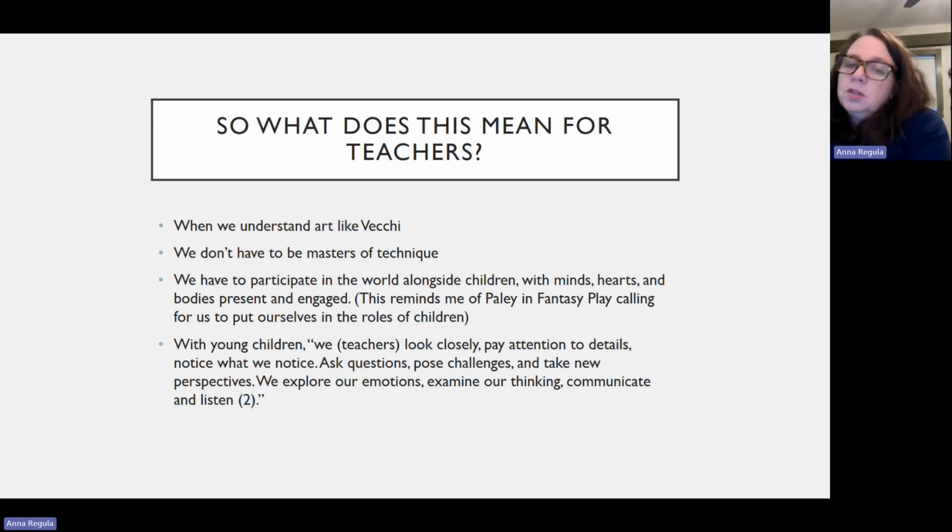Sometimes this course really creates a lot of anxiety for people because they're like, I'm not artistic, I can't draw, I can't do this, I can't do that. Well, think about if you're the one guiding children and you're like, well, I can't do that, but you can. That's not going to work; they're pretty smart. They're pretty savvy. So if you want children to take risks, it means we have to take risks too.